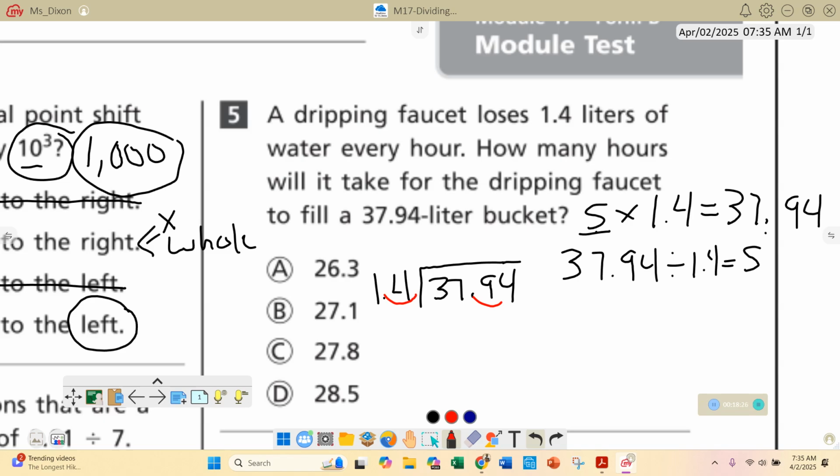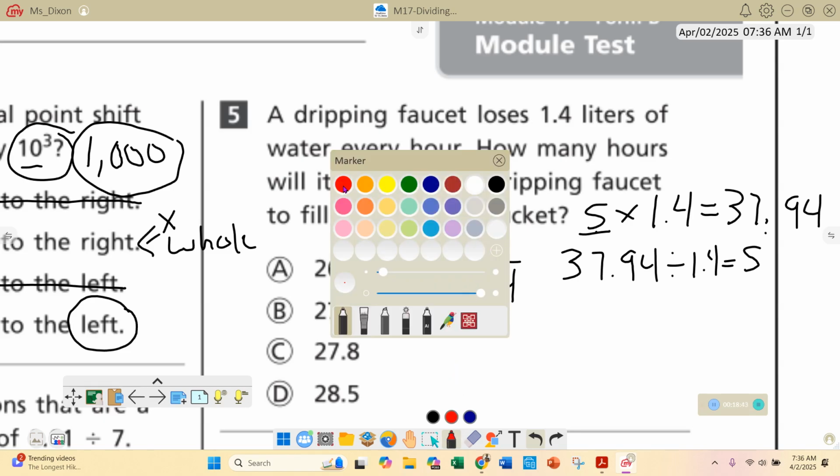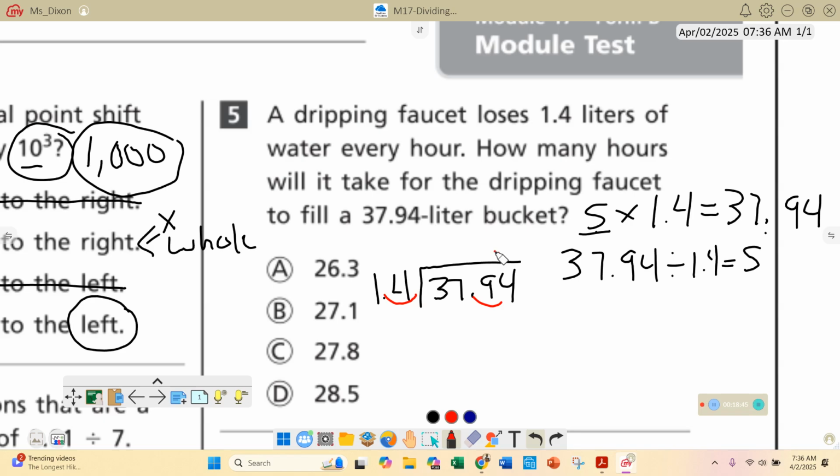Then we're going to bring our decimal in our dividend straight up. Don't forget, you move it only the number of places you move it in your divisor. Since we moved our decimal in our divisor one space, we're going to move our decimal in our dividend one space.